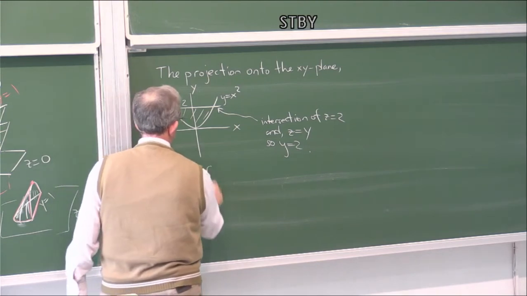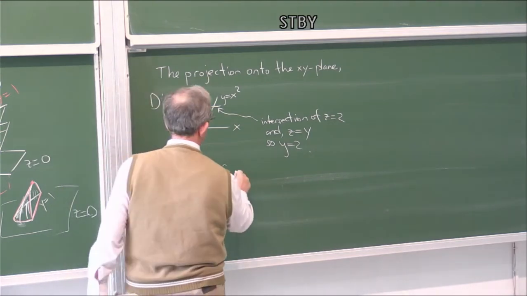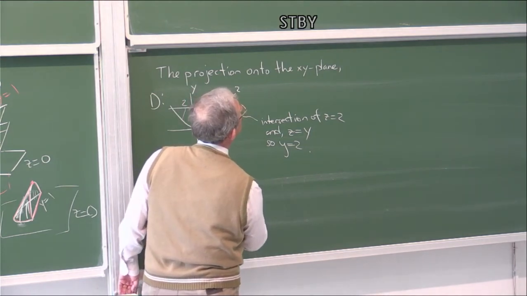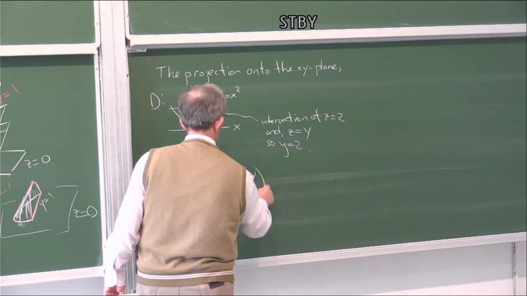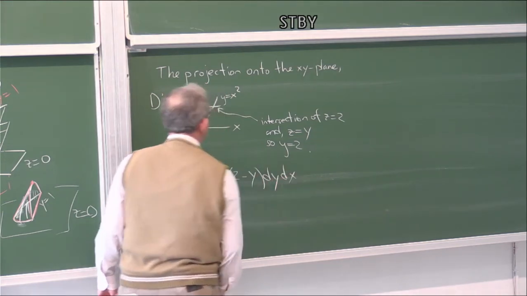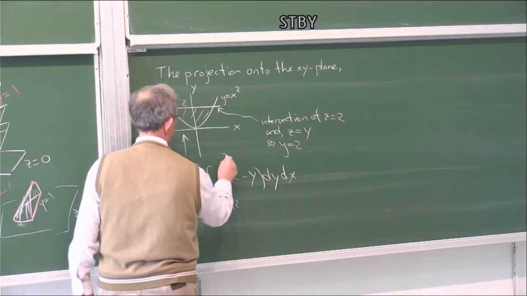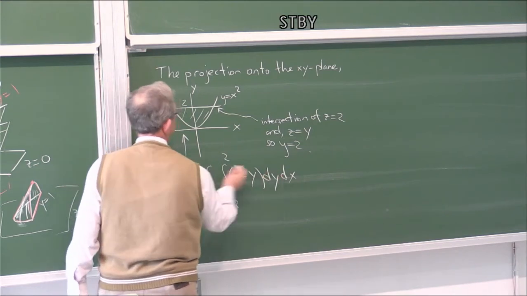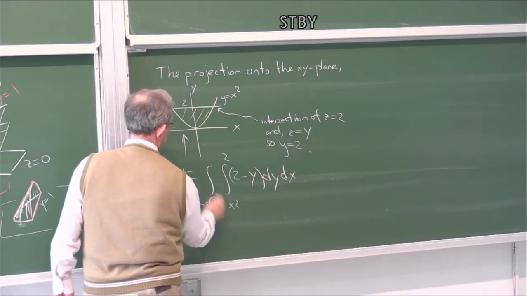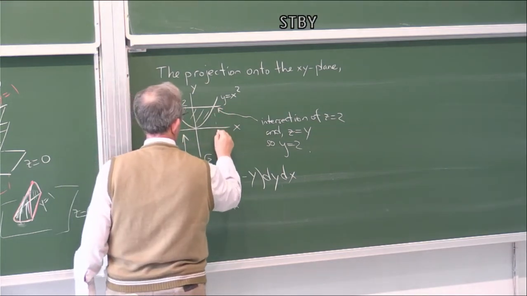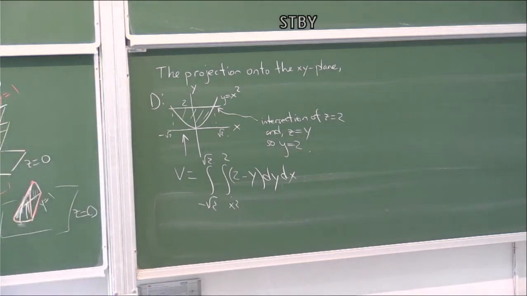So the volume is the iterated integral of 2 minus y, say dy dx. Looking in the y direction, we have x squared to 2, and of course x changes from minus root 2 up to root 2. So this tells us that indeed this gives us the volume in question.